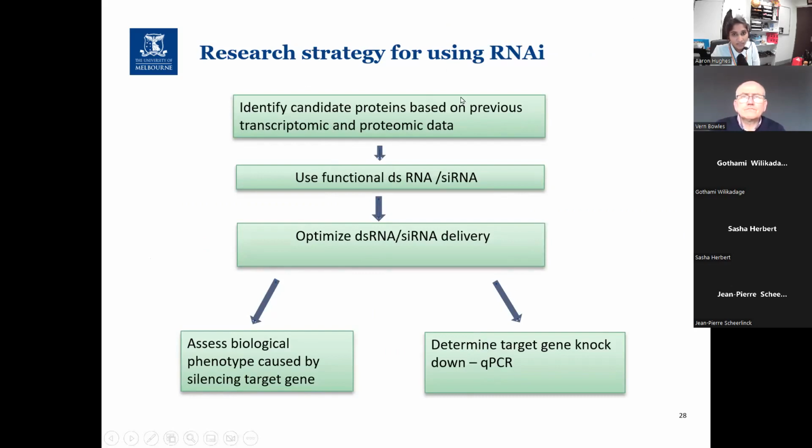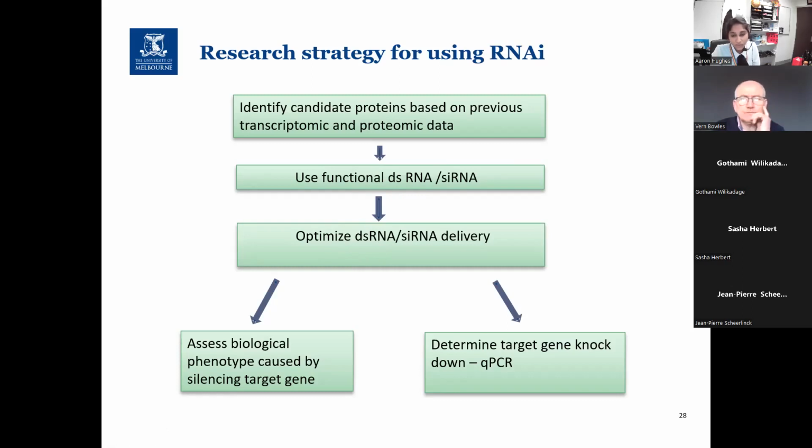This is the strategy for the RNAi technique. First, I have to identify the candidate proteins based on previous transcriptome and proteomic data. Then I have to develop functional double-stranded RNA, and then deliver that double-stranded RNA to the insect.